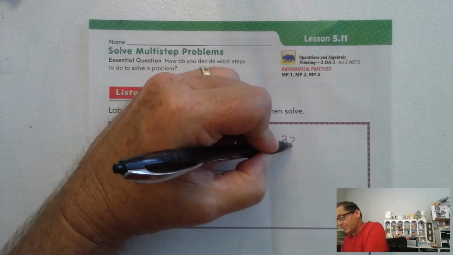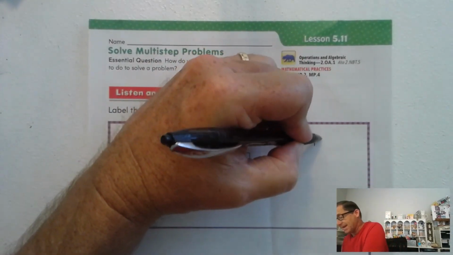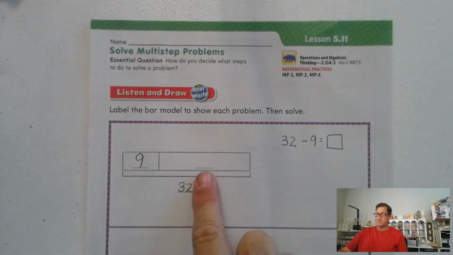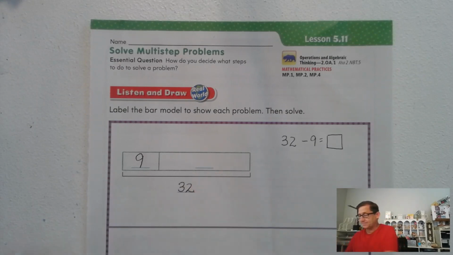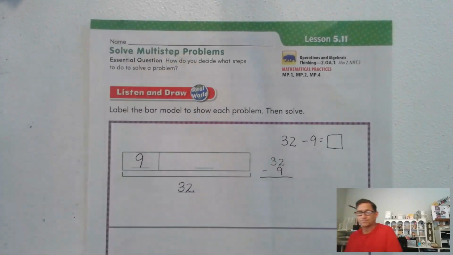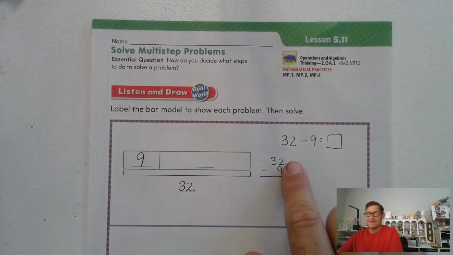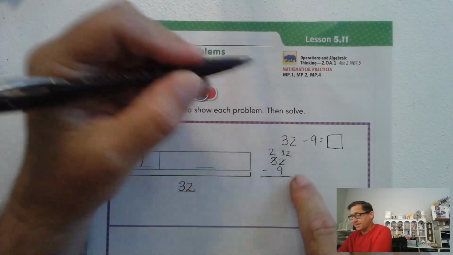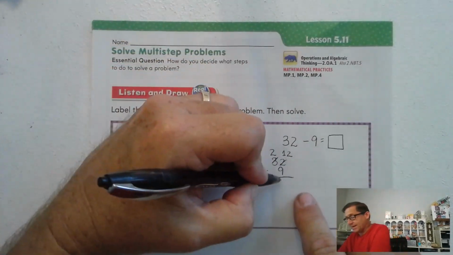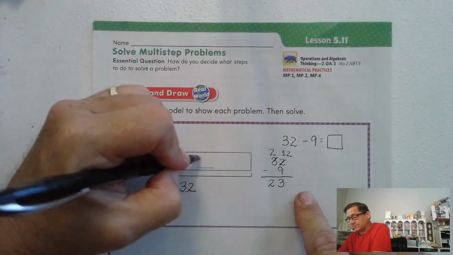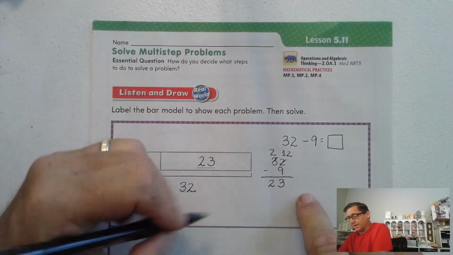So we could say 32 minus 9 equals how many sheets of paper Cassie still has. So 32 minus 9. Okay, well, I can't take 9 from 2, so I'm going to regroup. Now I have 12 ones. I can take away 9, leaving me 3. And 2 tens take away nothing is 2. So 23.